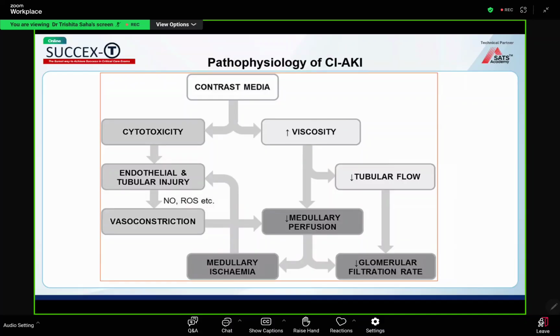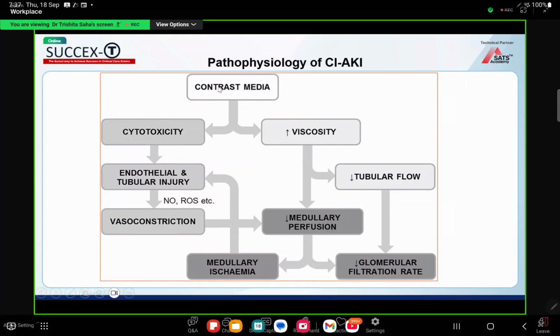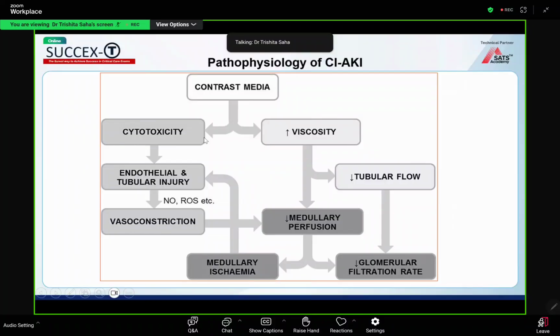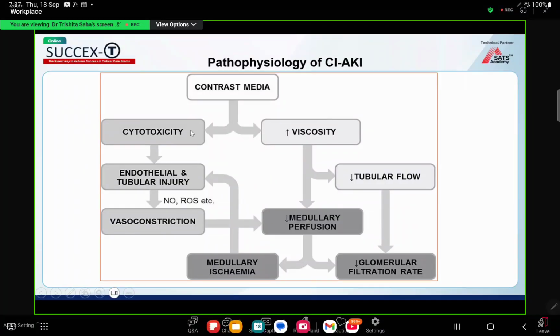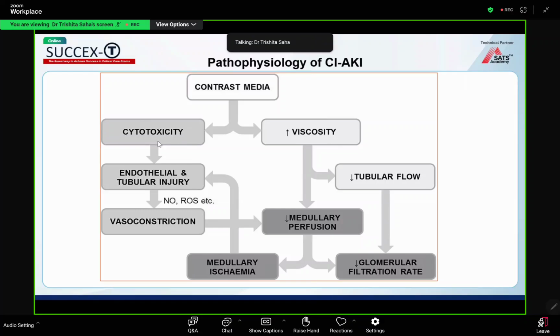For the pathophysiology of contrast-induced AKI, you can make this flow chart. You have to write exposure of contrast medium. There are two mechanisms. One is the cytotoxicity leading to endothelial damage and tubular injury, which leads to generation of the reactive oxygen species.